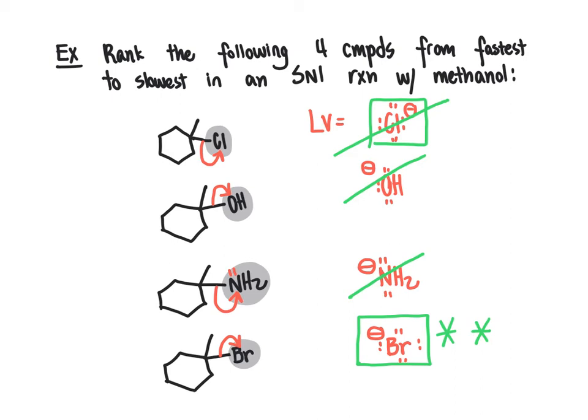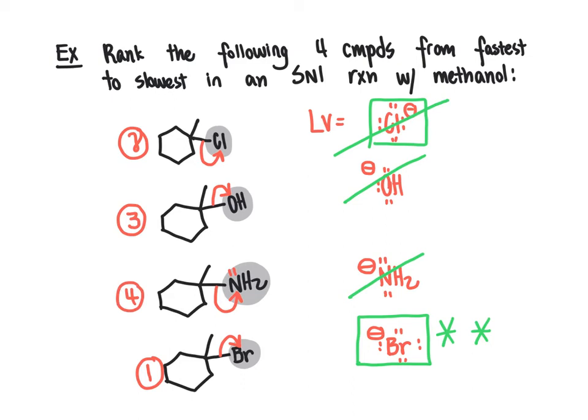So best case scenario is going to be the bromine leaving group. Second best case scenario is the chlorine, and then comparing the oxygen anion to nitrogen. Oxygen is more electronegative than nitrogen, and so oxygen is going to be better able to handle that negative formal charge, so we're going to put that number 3, and the nitrogen is the big loser here.